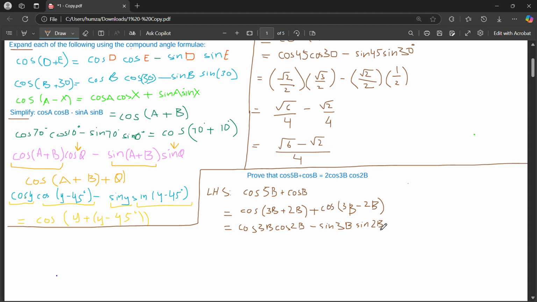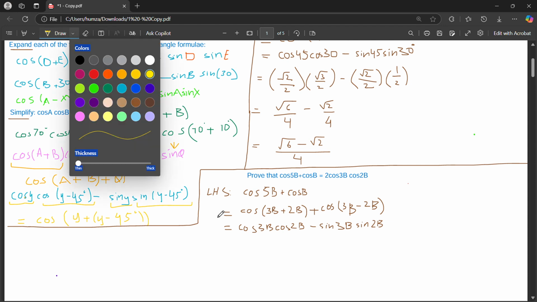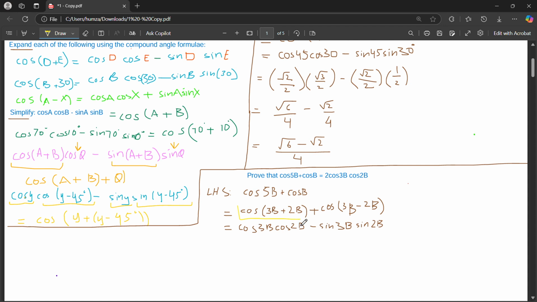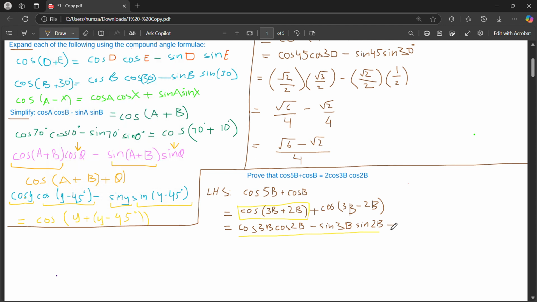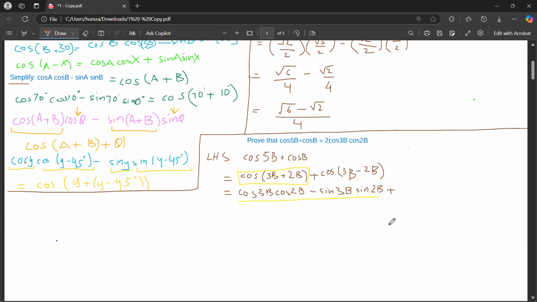Now so that you don't get confused, I'm going to highlight this is the expanded form from the formula sheet. Now we are going to look at this part. There's a positive sign in between, so we're going to put a positive sign, and now we are going to write this in terms of cos alpha minus beta, which will give you cos alpha cos beta plus sin alpha sin beta.